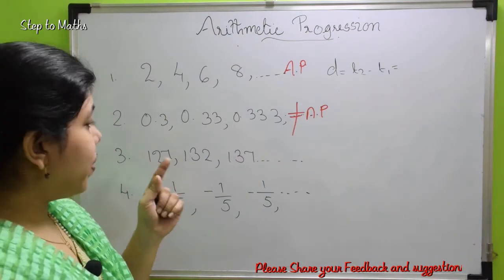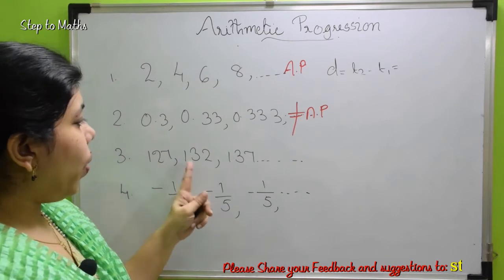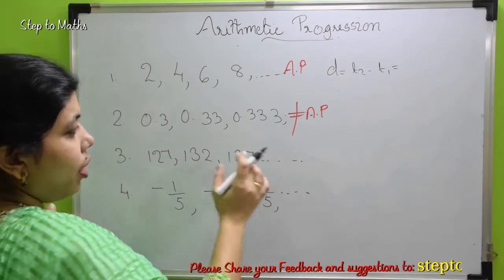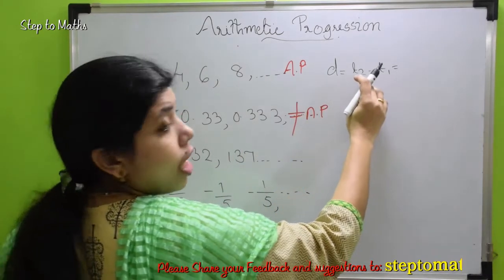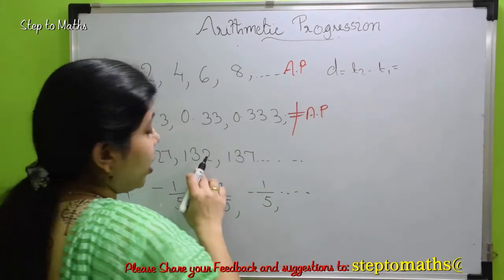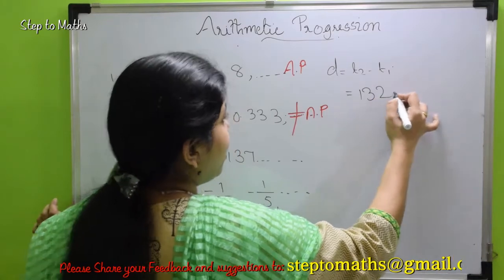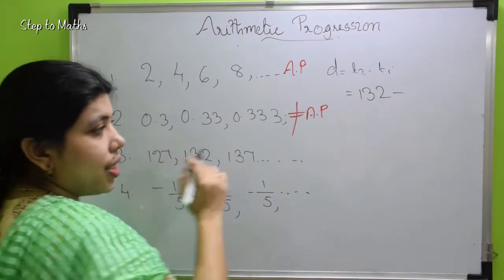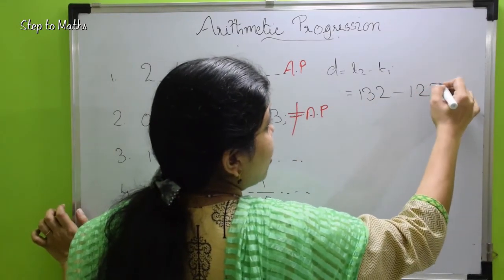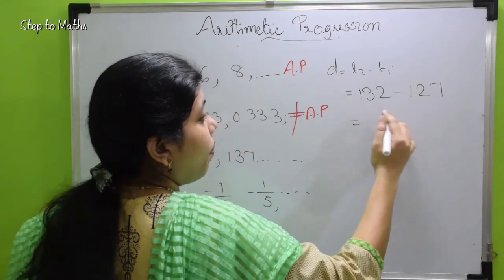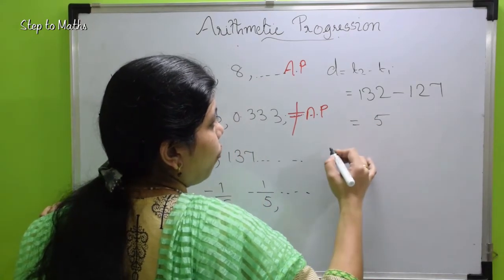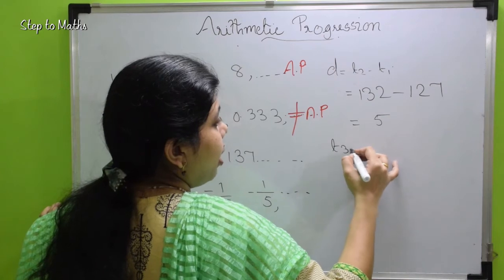Consider the third sequence 127, 132, 137. Find the value of D. D is T2 minus T1. T2 is 132. So 132 minus T1, which is 127. 132 minus 127 is 5. Next, T3 minus T2.